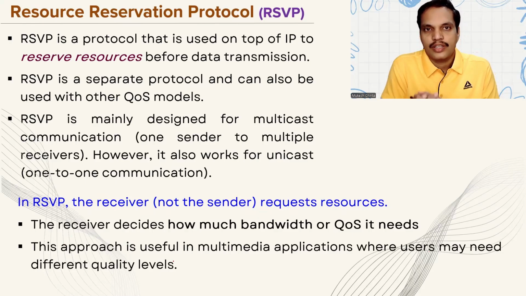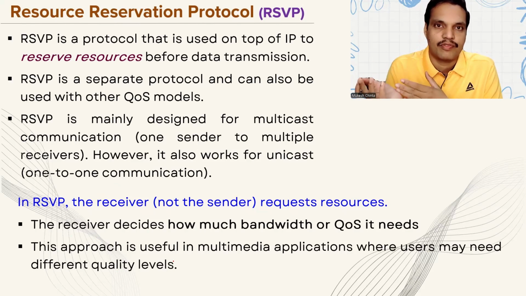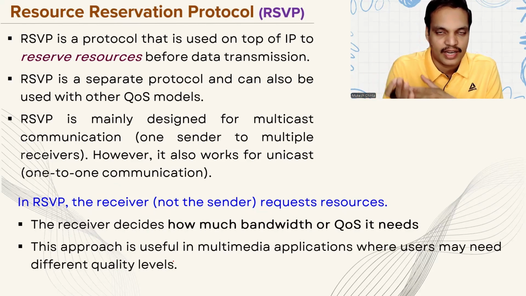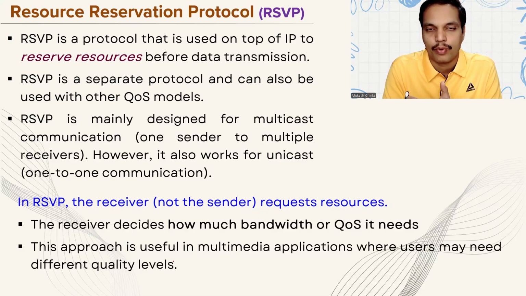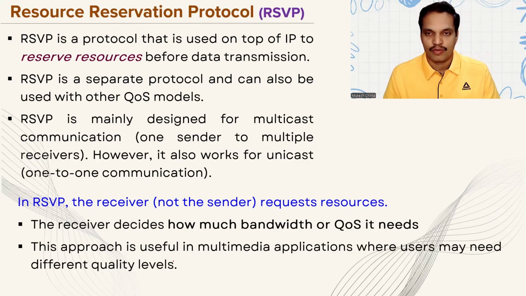As I told you, there is not just one kind of application on the internet. There are different types of applications, so you got to have an approach where different applications might specify different kinds of needs, isn't it? So for implementation of RSVP, there are two kinds of RSVP messages.